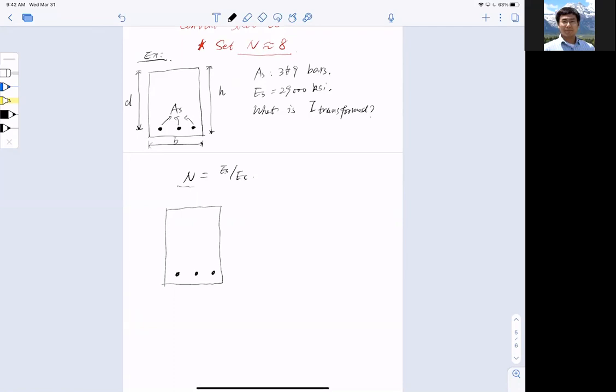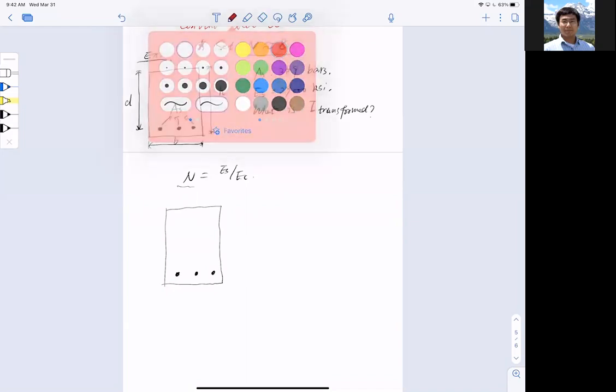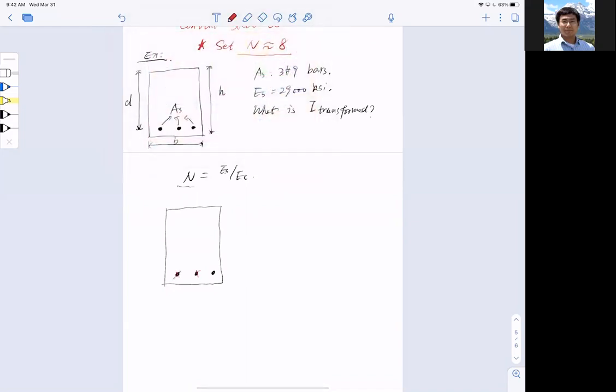I want to do 2 steps. First of all, I'm going to erase this. So what I do is I will just take them out. And once I take them out, I will put another slender bar like so to replace that.